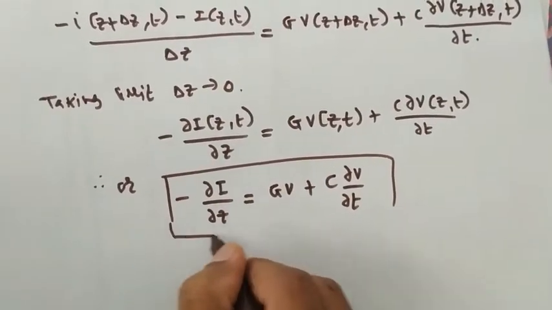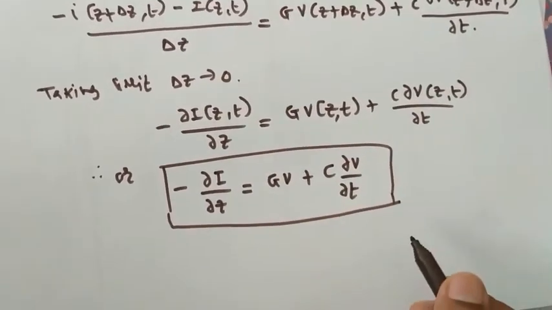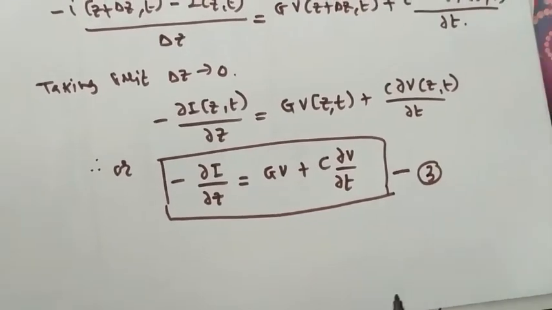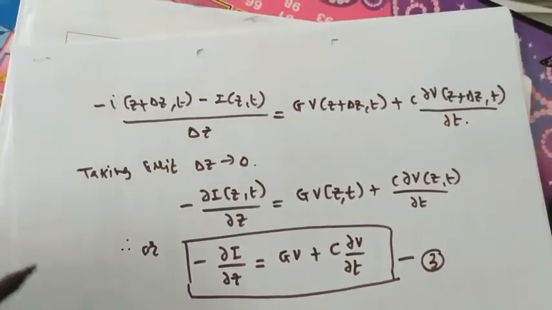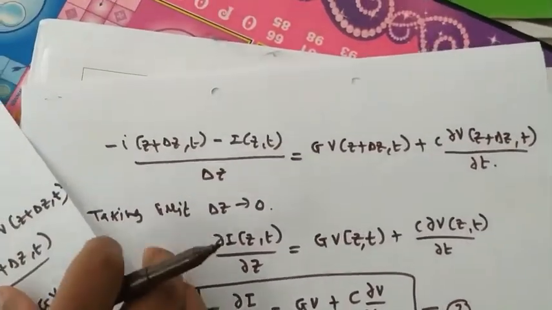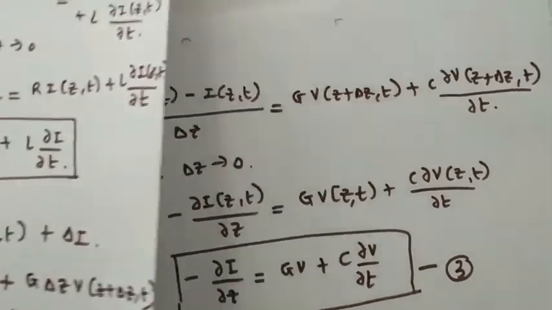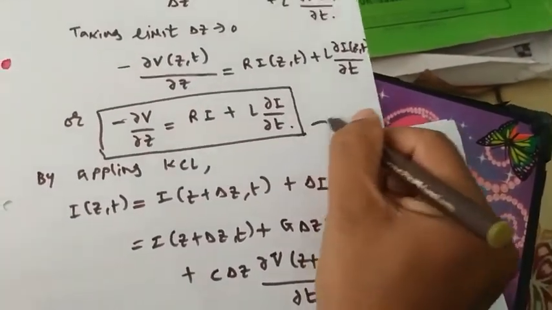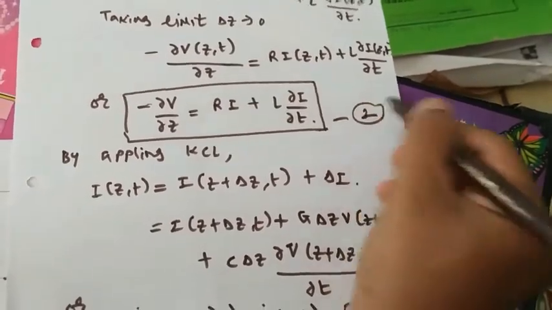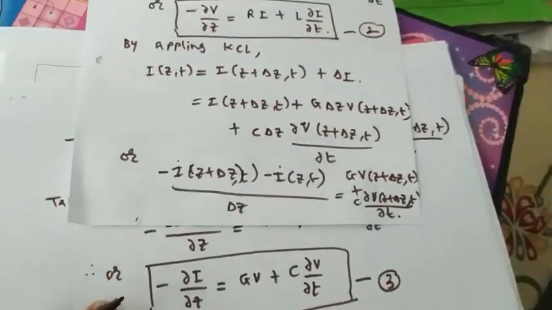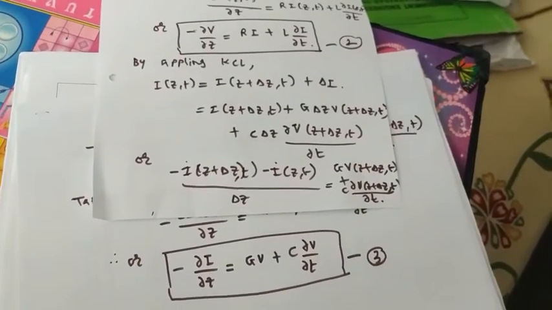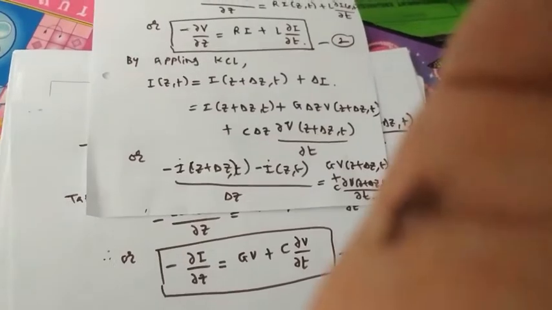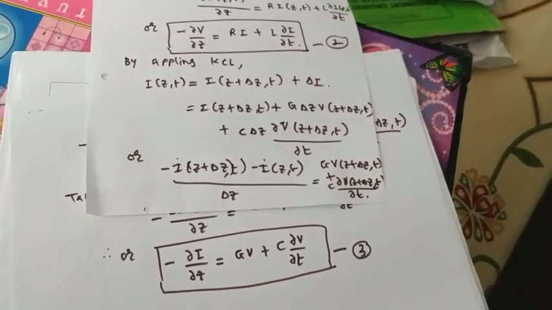So ultimately I have equation number 3. Earlier I obtained equation number 2. So finally we have two differential equations which express the transmission line.